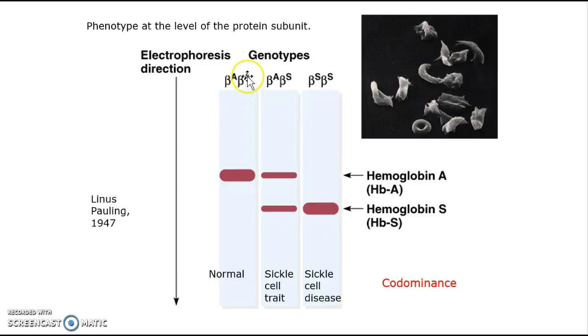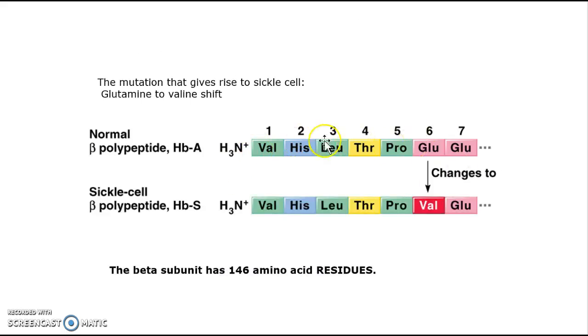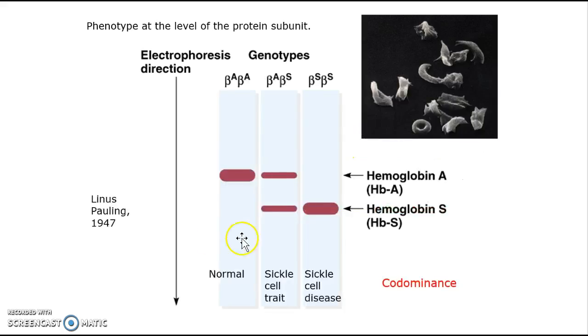When you take that normal individual and you extract hemoglobin from their blood, and you study just the beta subunit, you get one band because that normal individual is only making this form of the beta subunit, all identical, one band by gel electrophoresis.